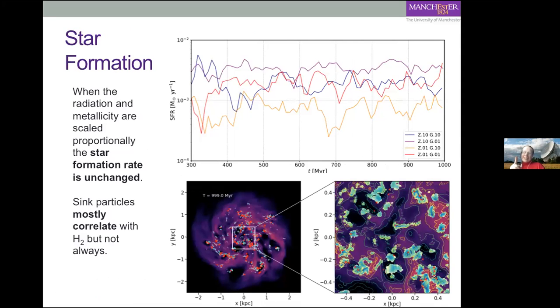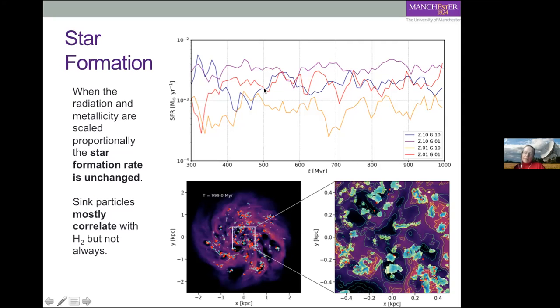But the interesting thing is, despite that difference in the molecular gas content and the geometry of the galaxy, how tightly the gas is confined, the star formation history is actually very similar.